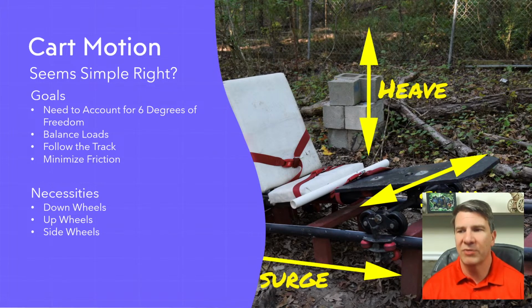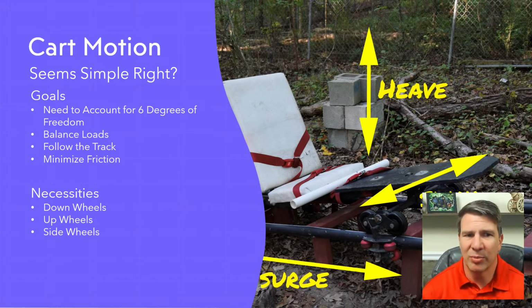If you think about it, the PVC pipe will squish and deform, and that takes up a lot of energy. So if I put 2 wheels that are equally spaced from a pivot point, it'll balance that load, dividing it by 2. And the other thing it allows me to do is follow the track. So as I go up over a hill, it will follow the track, and the side wheels and the down wheels will remain in position.